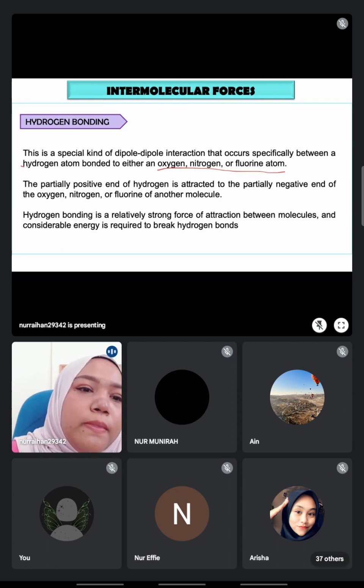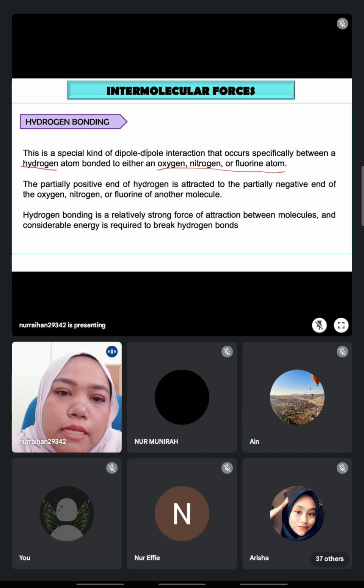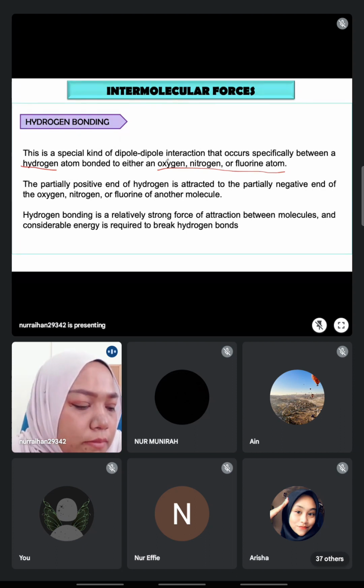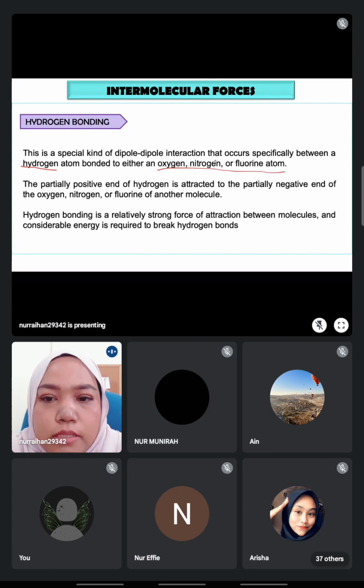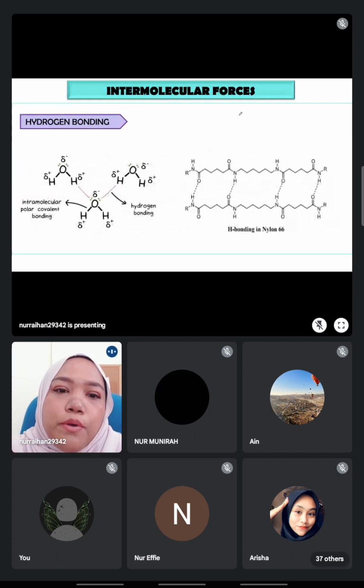Okay, and also the hydrogen. Okay, so these hydrogen atoms, they can form the linkage between the oxygen or nitrogen or fluorine. Okay, so this is known as the hydrogen bonding.